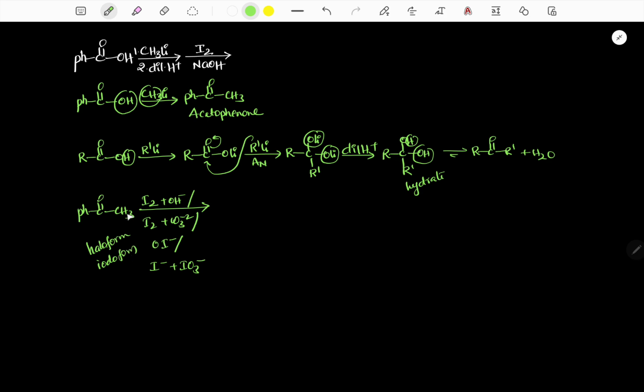This reactant has COCH3. Therefore, it undergoes cleavage at the C-C bond and the corresponding carbonyl carbon is oxidized to COO minus, and CH3 is converted into CHI3, a yellow precipitate.